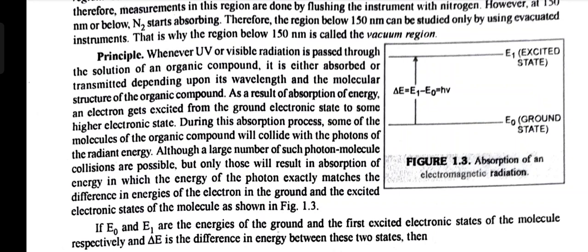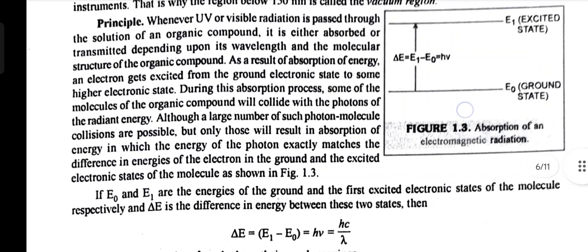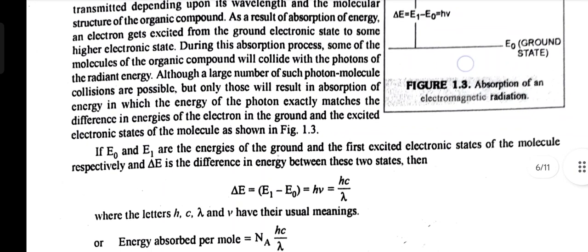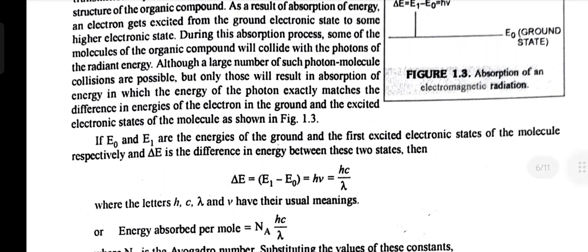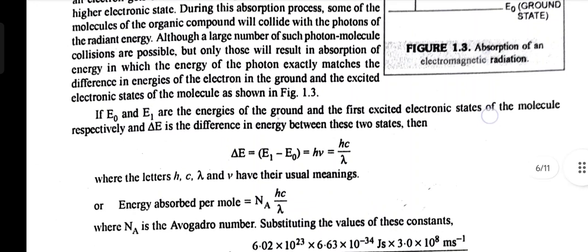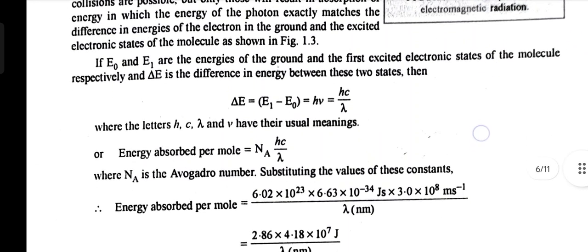During this absorption process, some of the molecules of the organic compound will collide with the photon of the radiant energy. Although a large number of such photon-molecule collisions are possible, only those will result in absorption of the energy in which the energy of the photon exactly matches the difference in energy of the electron in the ground and the excited electronic states of the molecule, as shown in figure 1.3.